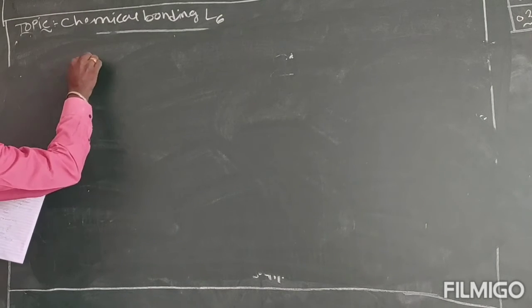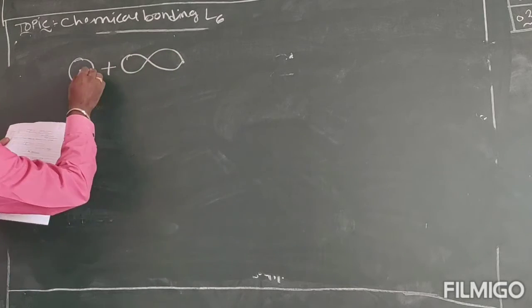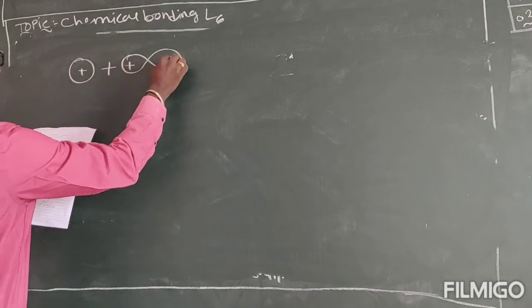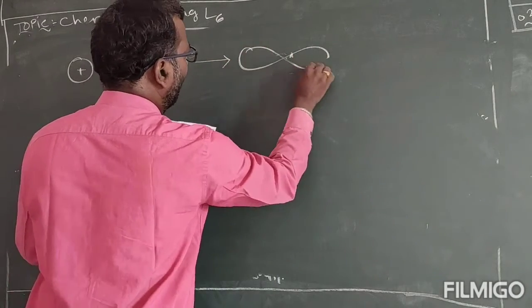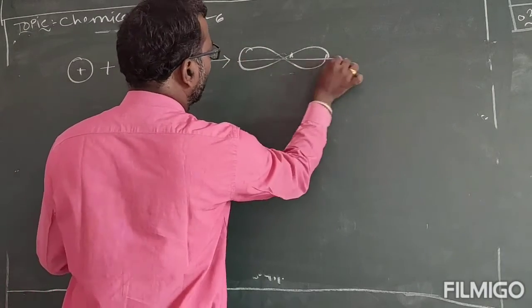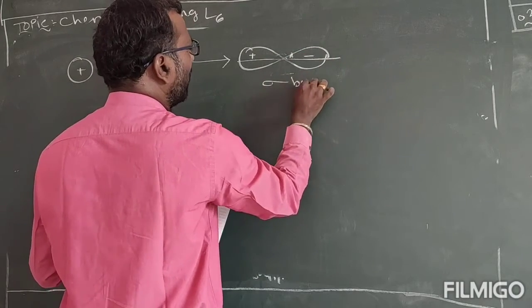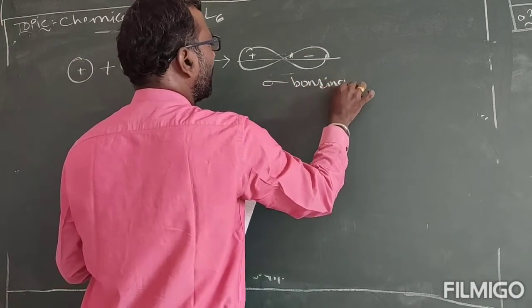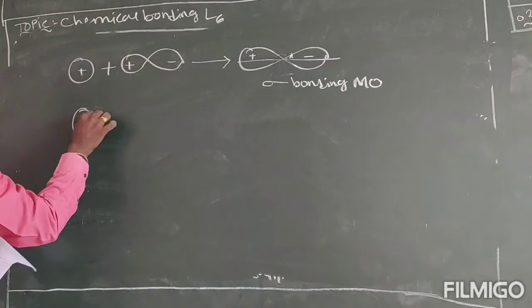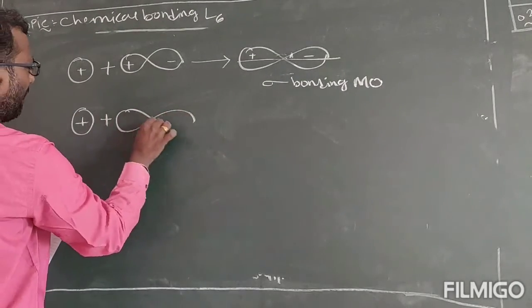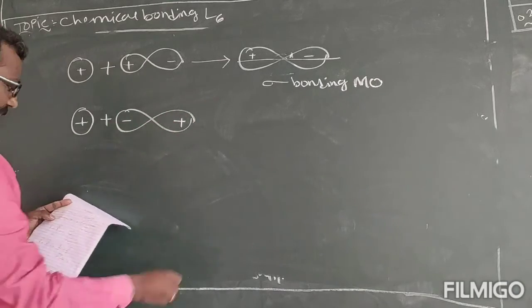See, through the internuclear axis, here plus and minus, so that is the sigma bonding MO, the same. But now here minus and plus are reversed.